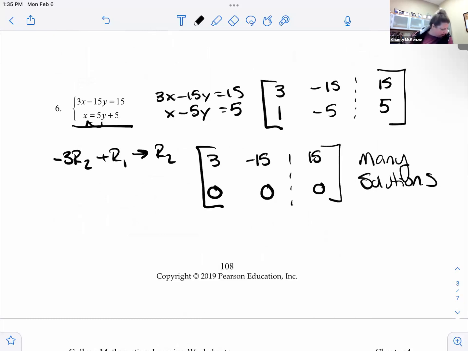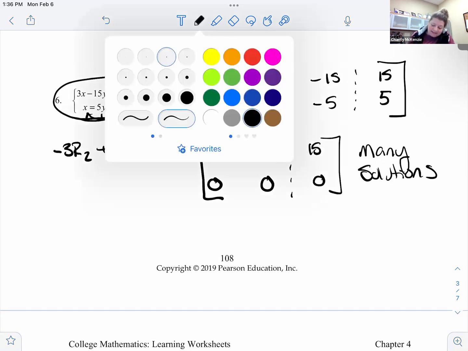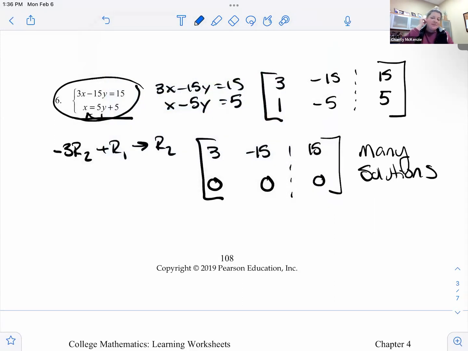Okay, and it wants us to tell the many solutions in terms of y, right? So the form of solution is in terms of y, t. Okay, so this part's a little tricky. So we're going to look back at this piece, and this is basically asking us, how do you know which solutions work?